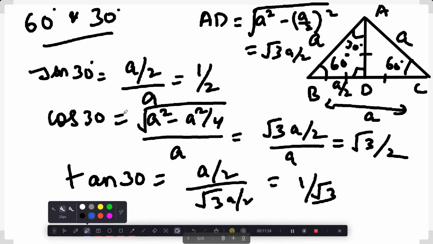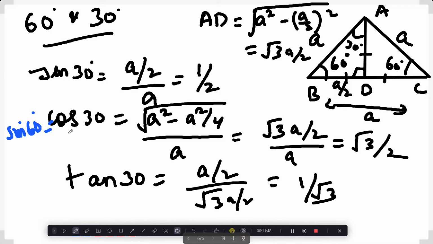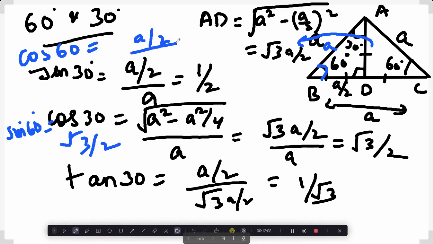So what will sine 60 be? I think you might know already where I am going ahead. What is sine 60? Sine 60 is opposite side, which is root 3 by 2 A, divided by A. So sine 60 is root 3 by 2. Cos 60, the adjacent for 60 is A by 2, divided by A, which is 1 by 2.